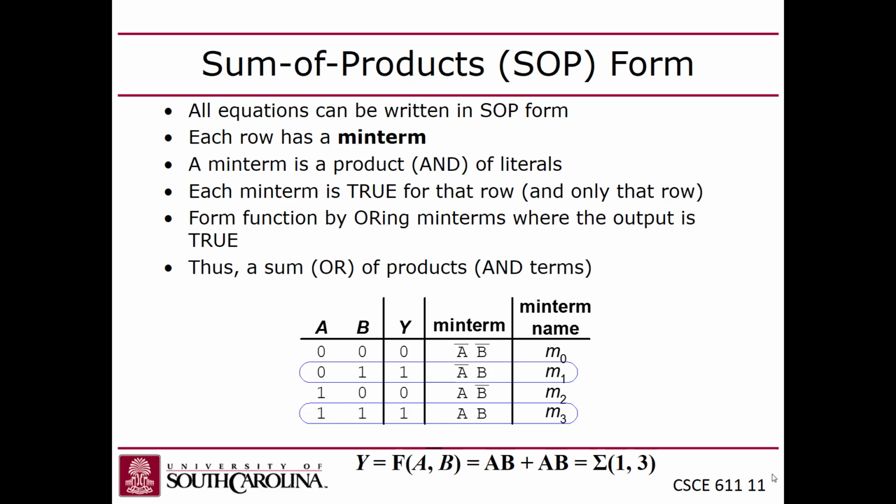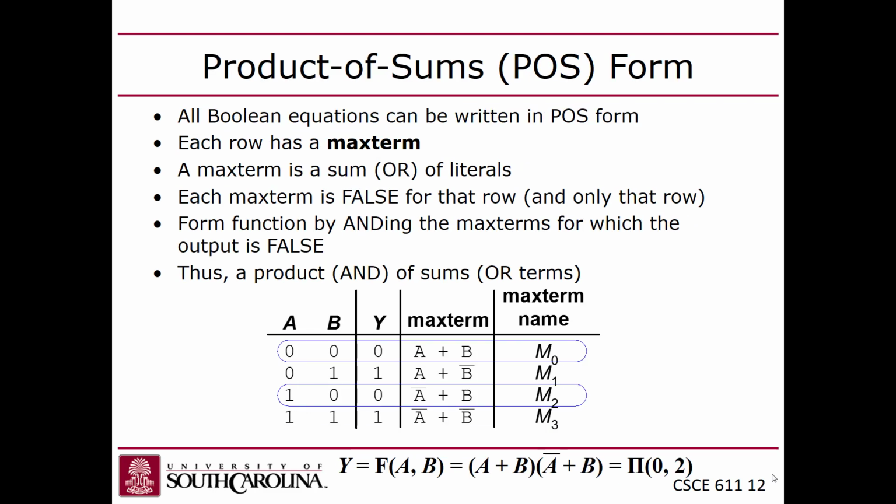Not negated, right? But the max terms are negated, and that's because, the book doesn't show this, but what's really happening here is that when you build these max terms, originally you build them as products, right?